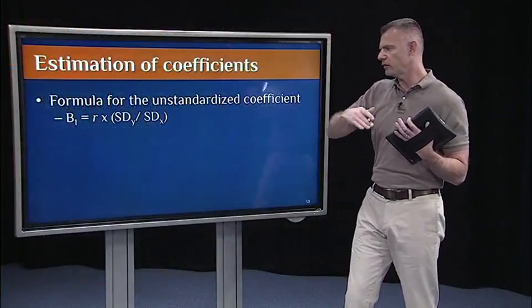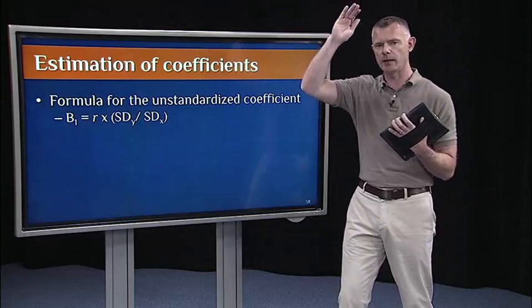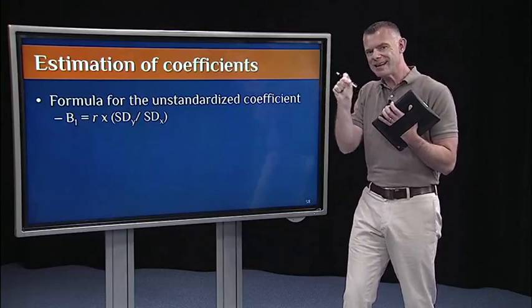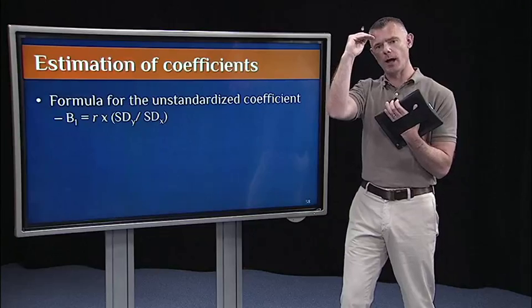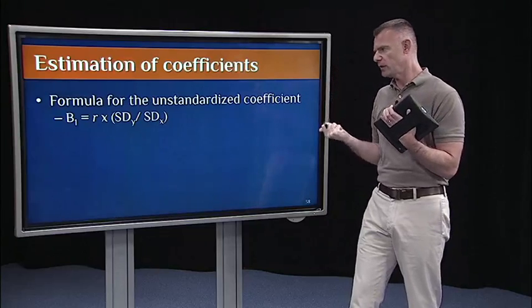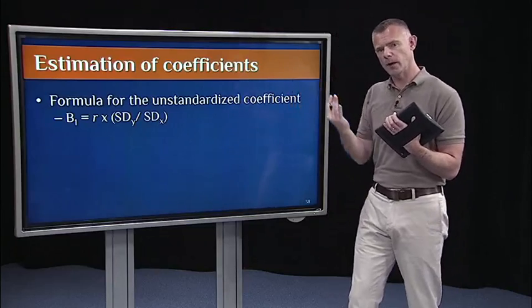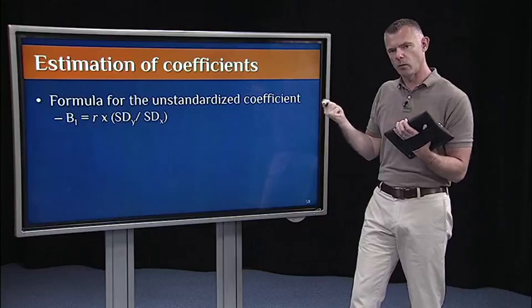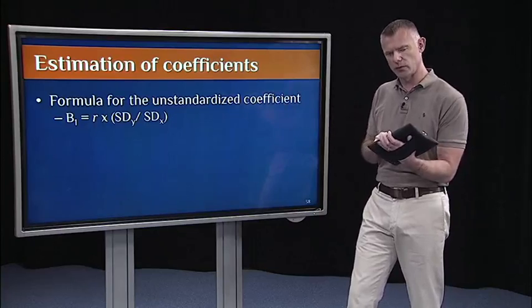So imagine that there's a lot more variability or a much bigger scale in y than there is in x. Then a 1 unit increase in x is going to be associated with a large change in y, right? So that would take the correlation coefficient and inflate it, okay? So we have to take into account the standard deviation in both y and x to get the unstandardized regression coefficient b1.